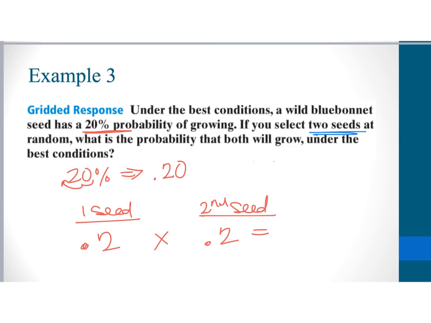If we multiply these two numbers together, we're going to get 0.04. As a percentage, if we switch this around, I have to move that decimal place 2 places to the right. So this tells me that I have a 4% chance of grabbing 2 seeds that will grow under the best conditions.